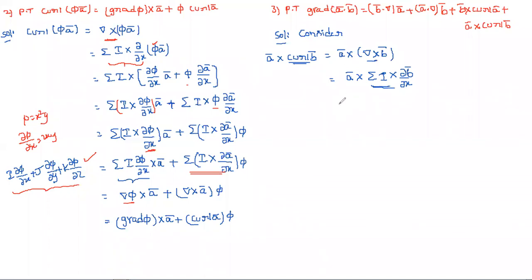Now this is equal to summation, writing outside the summation, a bar cross i bar cross dou b bar by dou x.